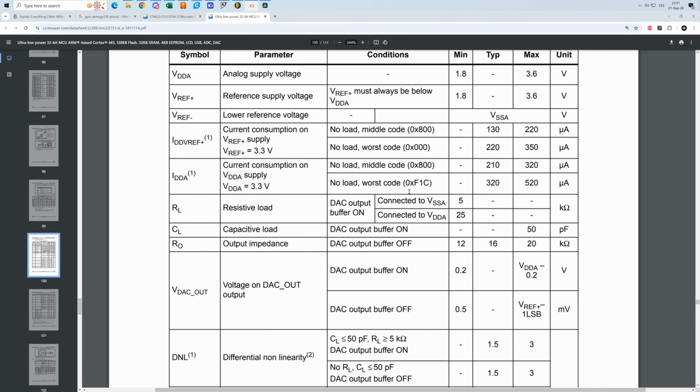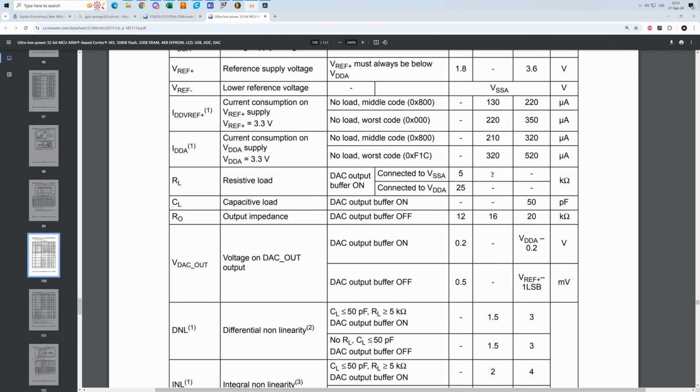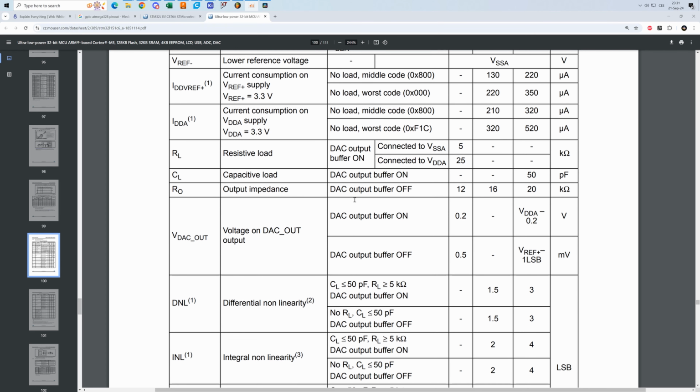Back in the datasheet, we can actually see one quite troubling thing, is that the output voltage range is not the same with the buffer on and with the buffer off. So with the buffer off, it means that the output voltage of the digital analog converter can be set so that it is anything in the range from 0.5 millivolts all the way to pretty much the positive supply rail.